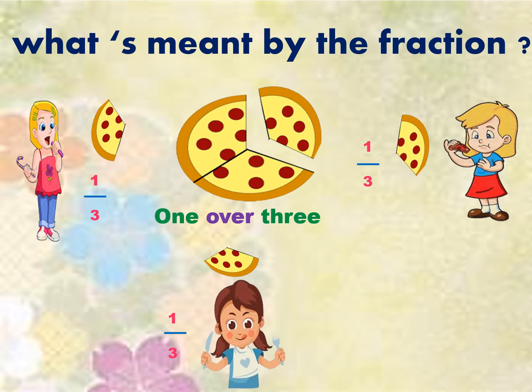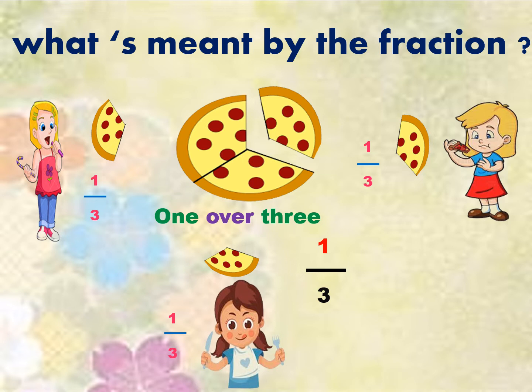That everyone takes 1 from 3. Okay, I have 1/3. The 1 means every girl takes 1, and the 3 means the pizza is divided into 3 parts.